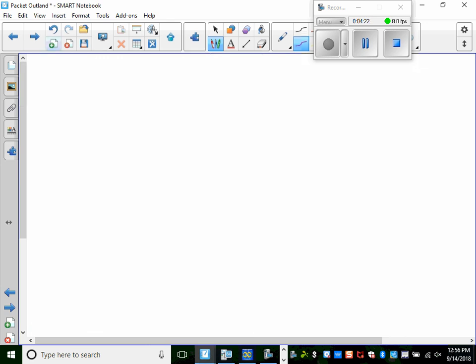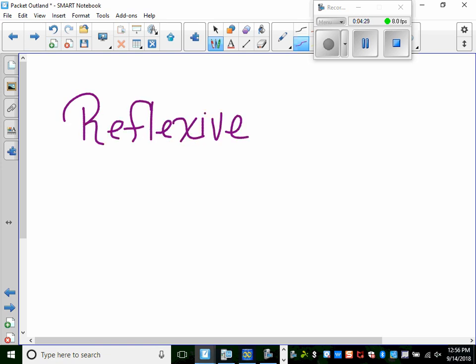So let's put some examples. So for reflexive, and this is in your spiral notebook. Examples of reflexive basically say a quantity must equal itself. So we know a number like 2 or any other number cannot equal another number. It has to equal itself.